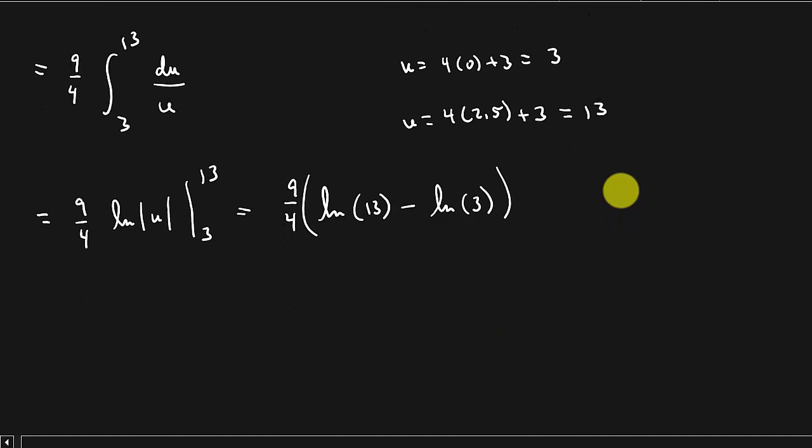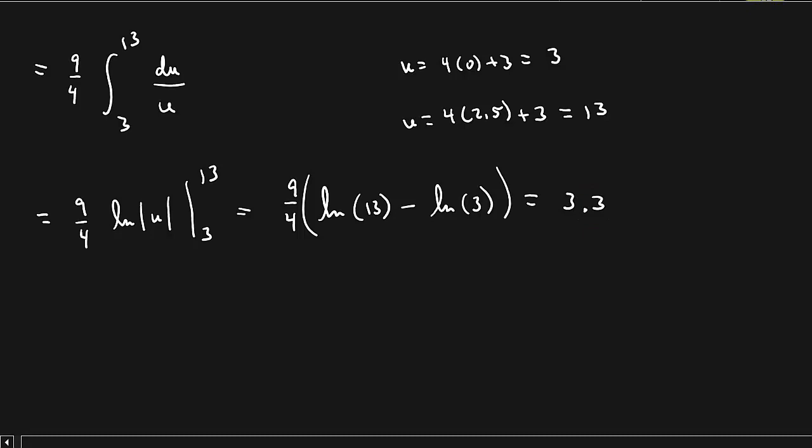And when we punch that into our calculator, natural log 13 minus natural log 3, and then times 9 divided by 4, we get 3.3.